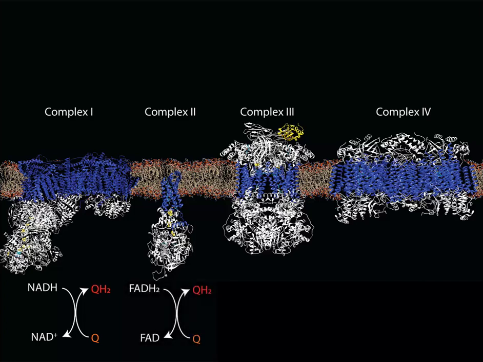Likewise, the role of complex 2 is to take electrons from FADH2, and those electrons are given to coenzyme Q to make the reduced form of coenzyme Q, ubiquinol.